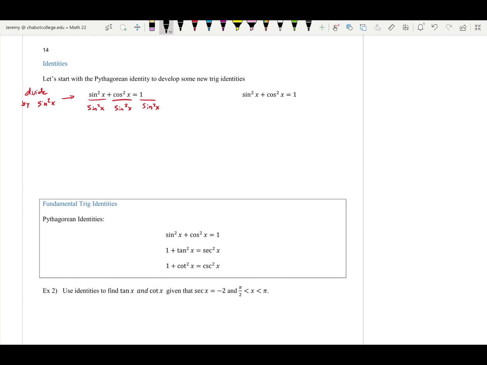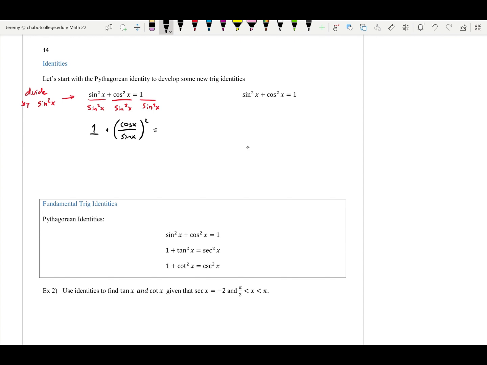Let's see what happens here. Sine squared x divided by sine squared x, that just gives me 1. Okay, cosine squared x divided by sine squared x. I'll put the step in between where the properties of exponents sort of comes in. This is the same as cosine x over sine of x quantity squared.